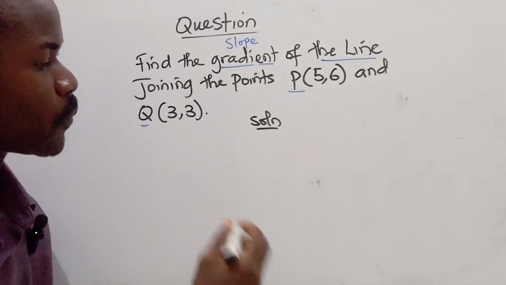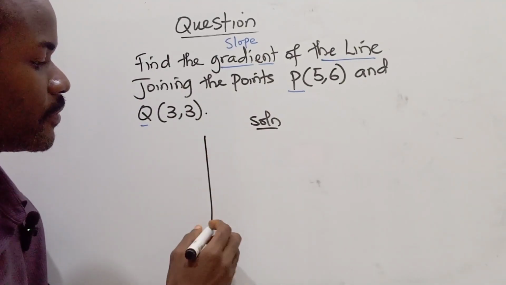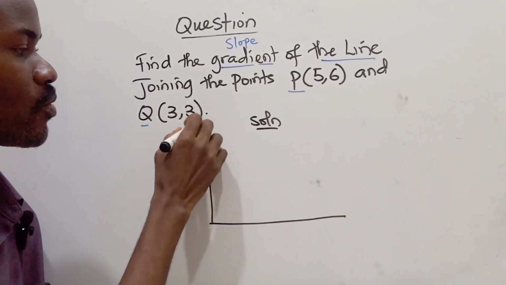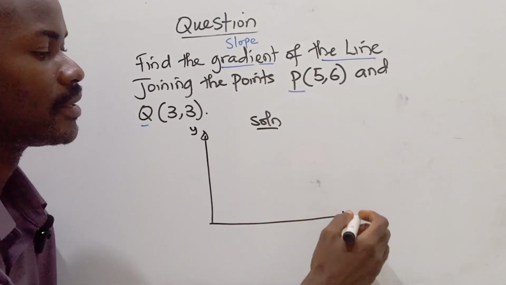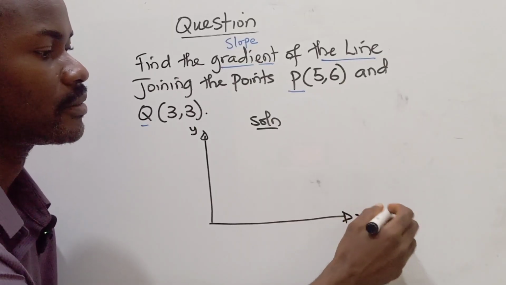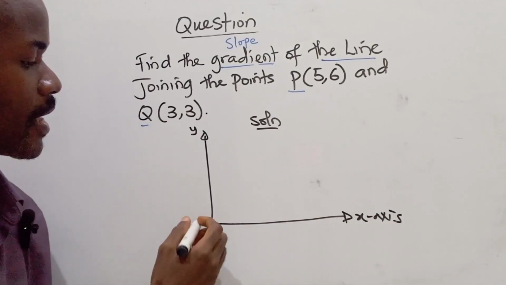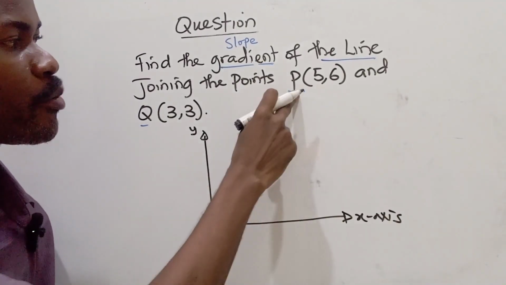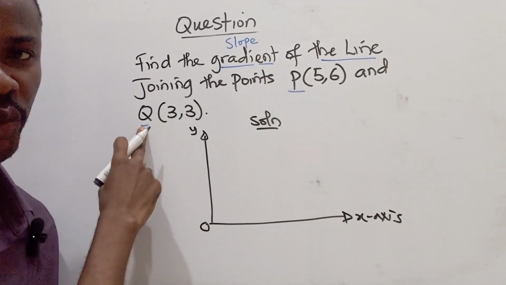Right, so let's say this is my y-axis, and this is our x-axis. This is the origin, which is 0. Now we have point P and point Q.